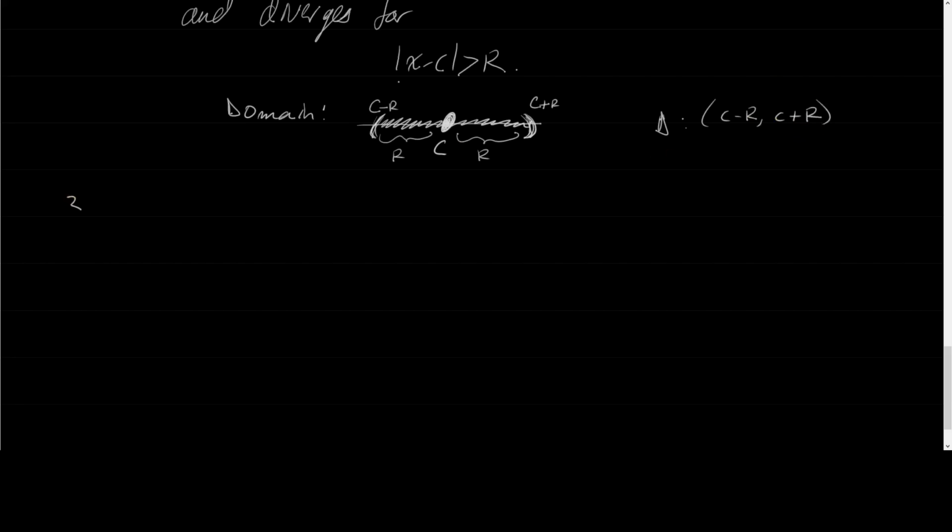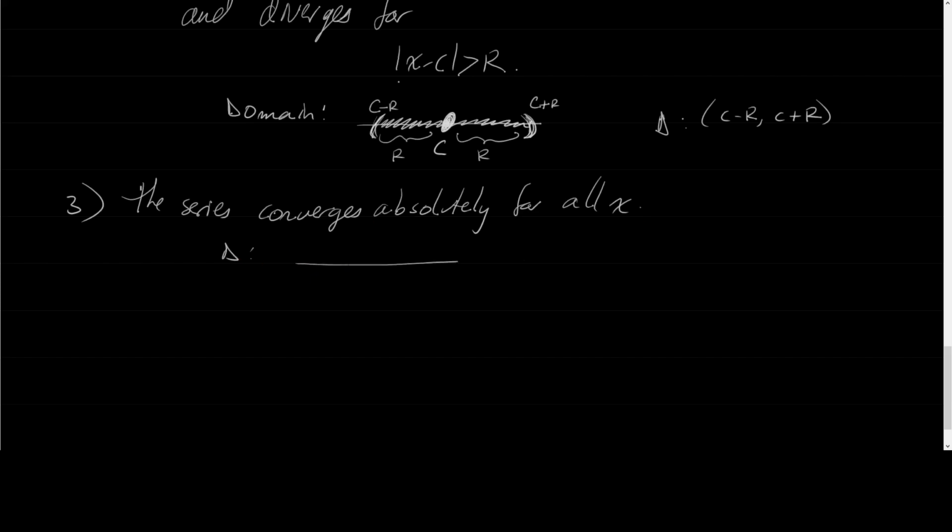All right. And then the third scenario is the series converges absolutely for all x. Right. So in other words, here we're saying the domain is the entire real line, irrelevant of what the center is.